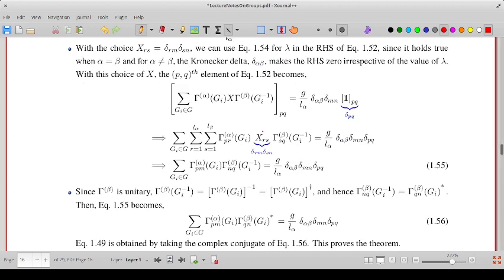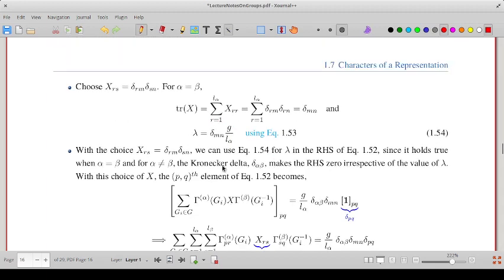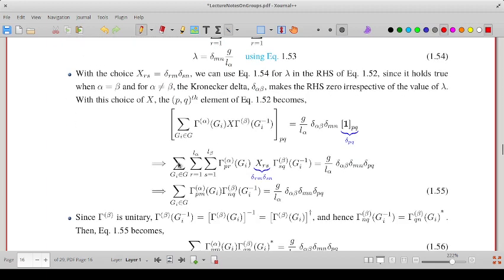But now we have xrs here and we know exactly the form of this matrix X because we have used this formula for lambda, which is valid when we choose xrs to be equal to x. So we have to replace xrs by this form here. So we have delta rm times delta sn in place of xrs.